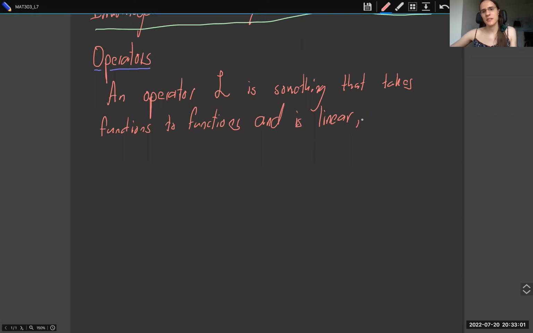The way that I'm going to write an operator applied to a function is, I've just chosen completely randomly, to use square braces. So if you have f plus lambda g, where lambda is a number, then this should equal L of f plus lambda L of g.